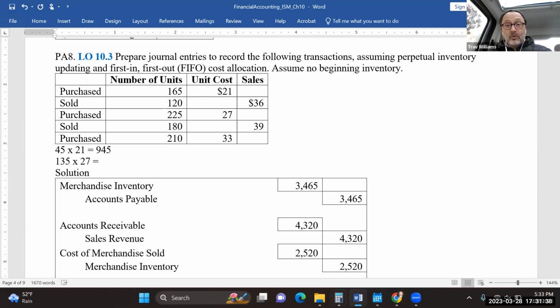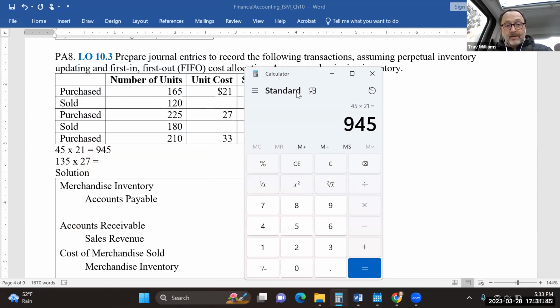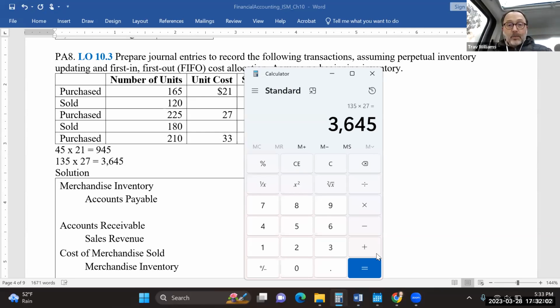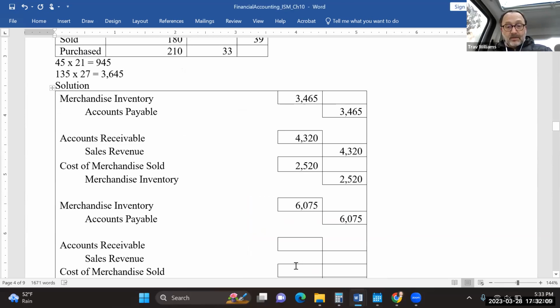Right, so that's our total 180 units, 45 coming from the first lot and 135 coming from the second lot. So that's 3,645, it looks like, 3,645. So now we add those together. That's 4,590 is the total cost for that merchandise.